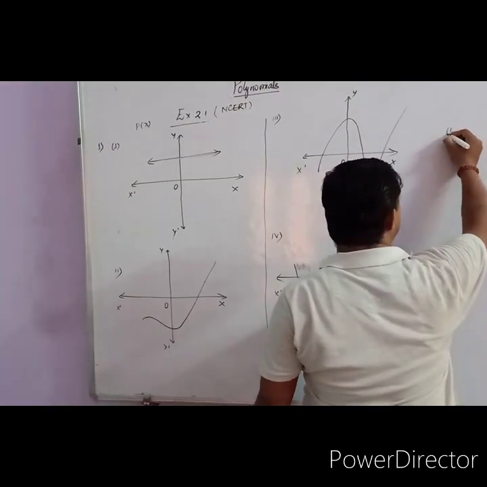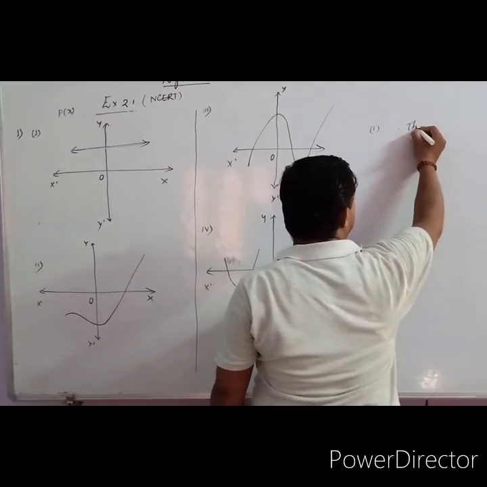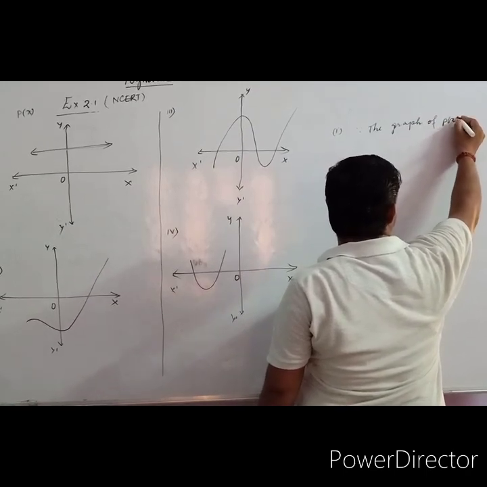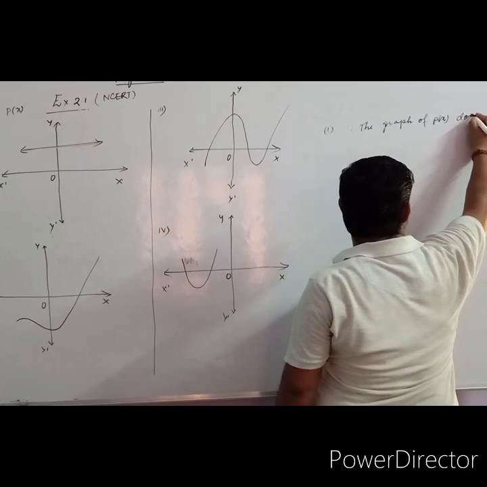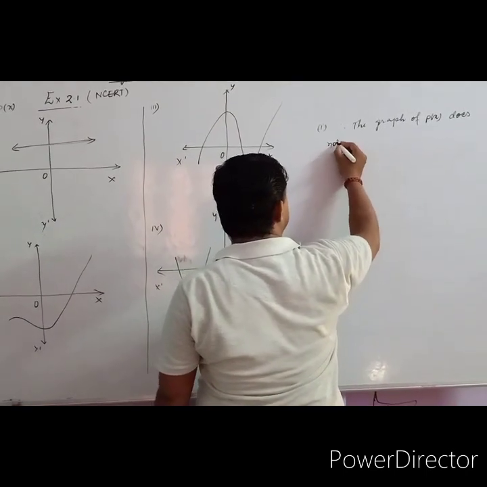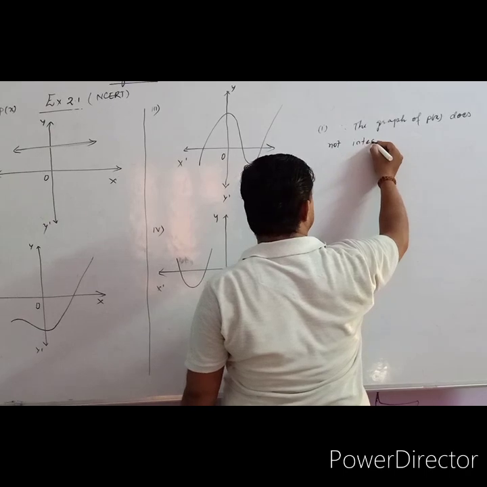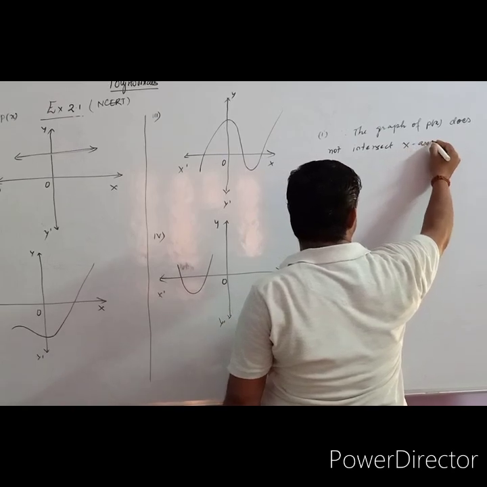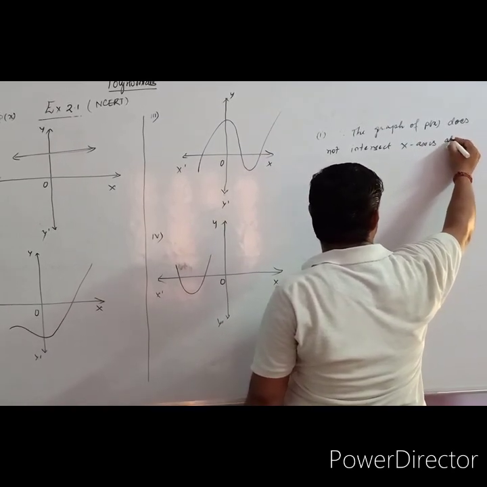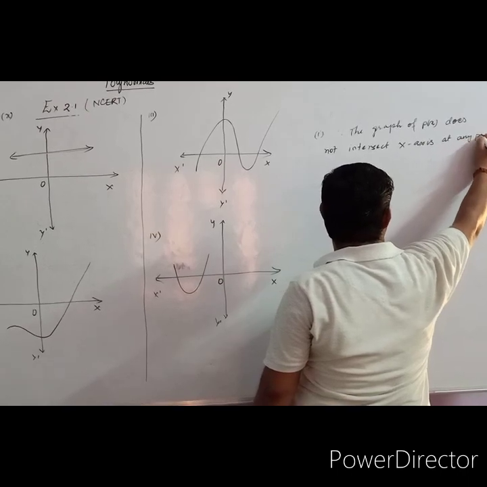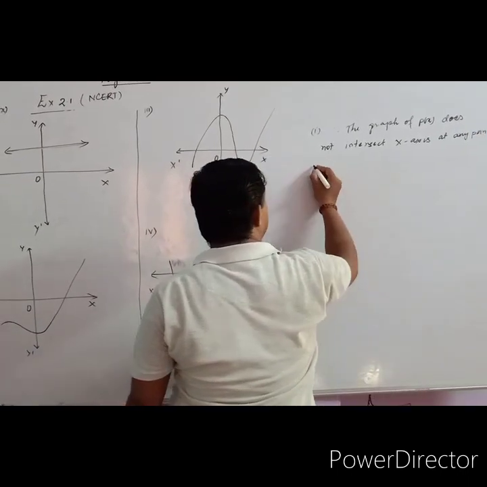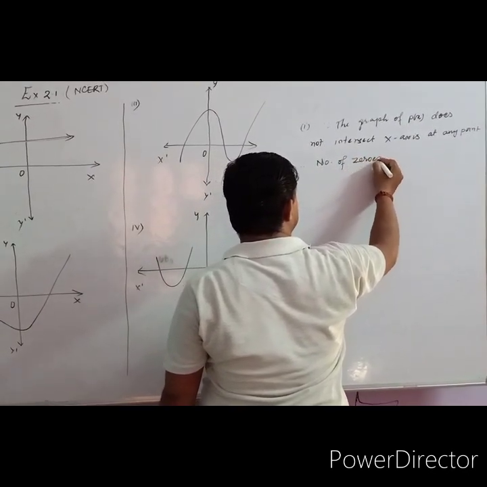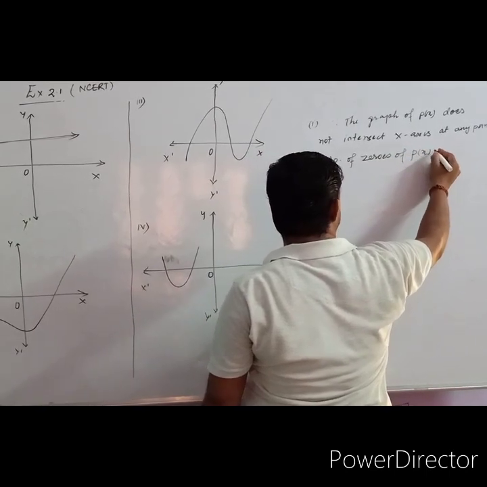You can write the answer: since the graph of p(x) does not intersect the x-axis at any point, therefore the number of zeros of p(x) is equal to 0.